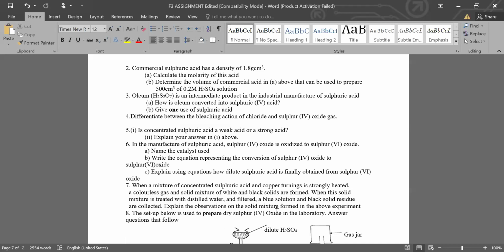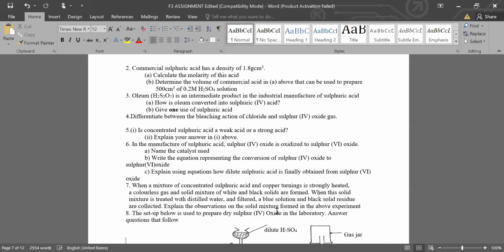We can first of all jump that question because we have not learned how to calculate moles. Because it is about molarity, it is about moles, and we have not yet learned that part. We move to the other question on oleum.